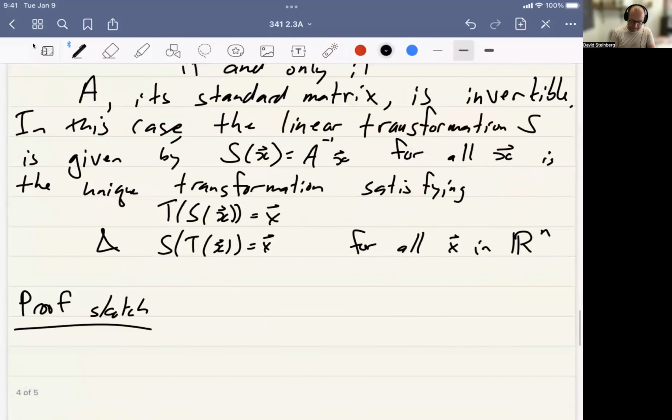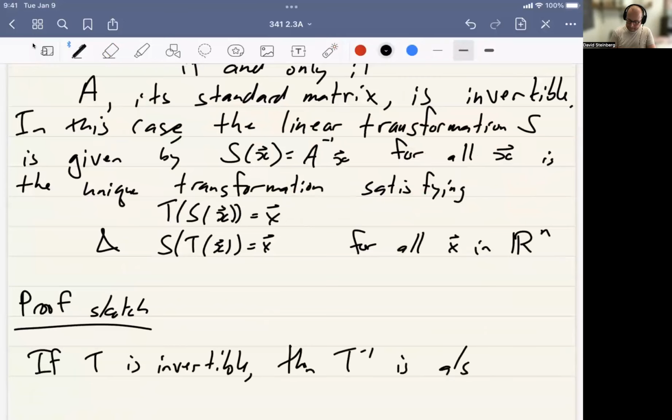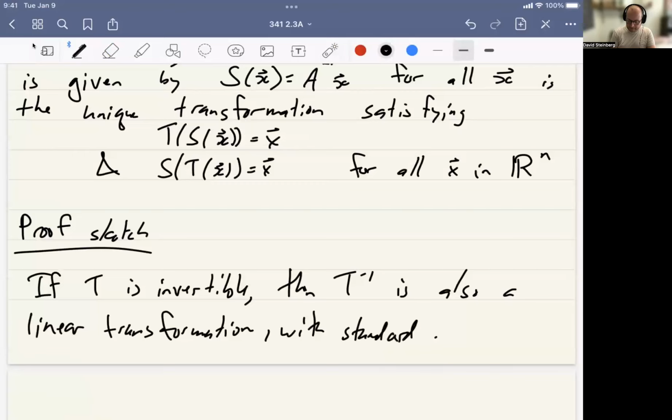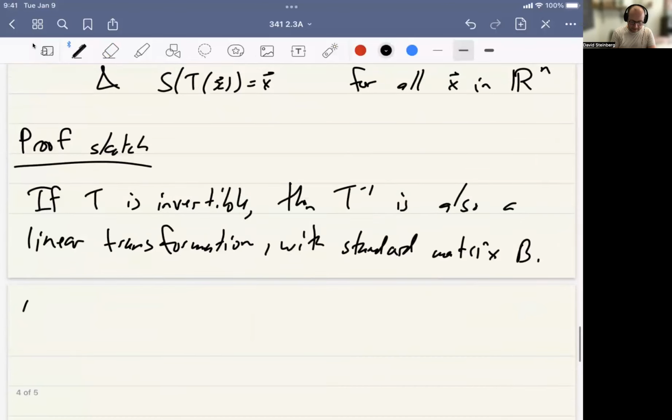So if T is invertible, then T inverse is also a linear transformation, with standard matrix B, let's say.